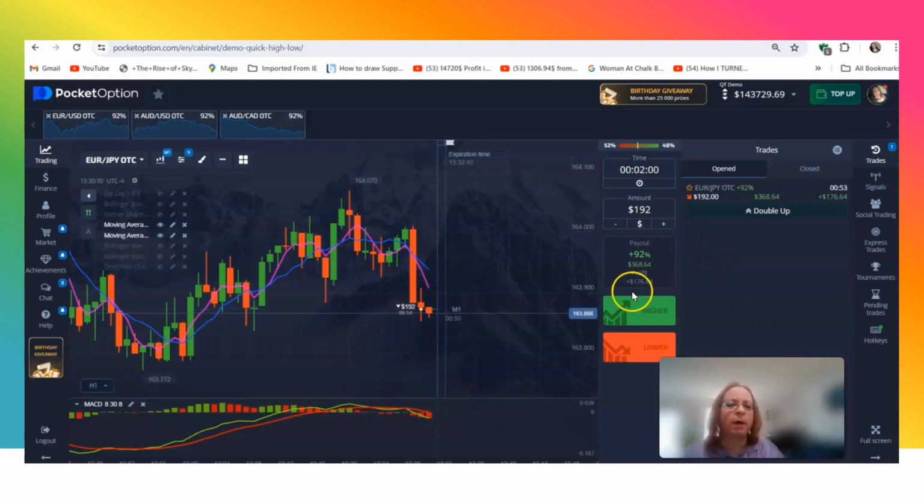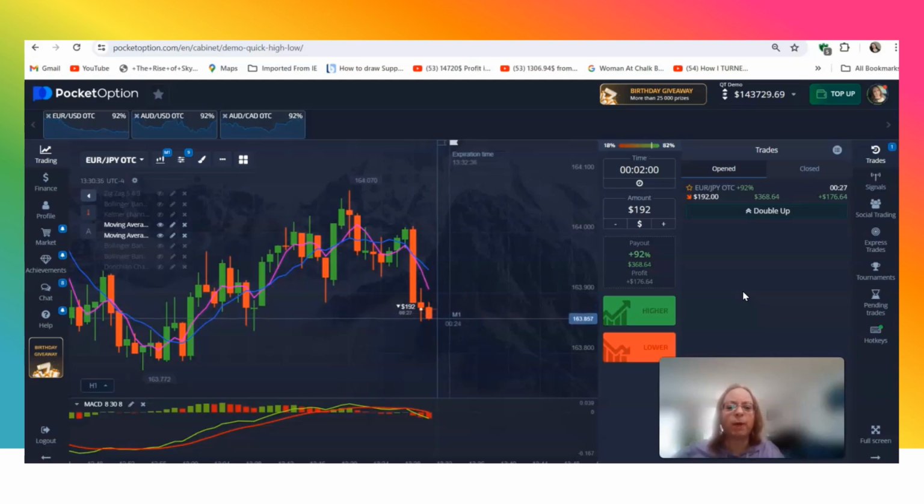So when you compound now, you know it's going to go up to 368.64 as the amount that you are going to get when the trade closes in profit. And you've really only risked your initial $100 that you risked when you did your first trade. And you can do compounding with any strategy that you want and with any dollar amount that you want. So you could start with like $1.